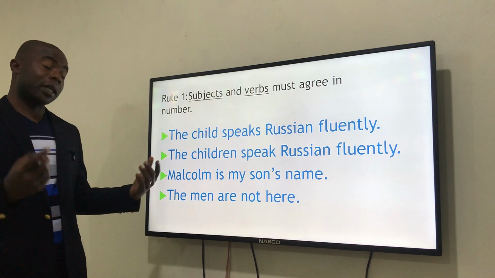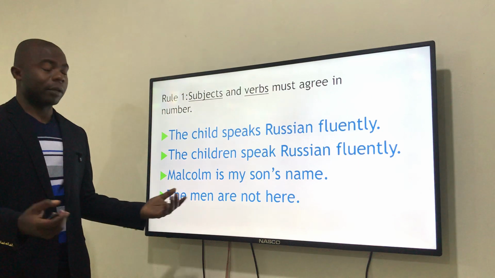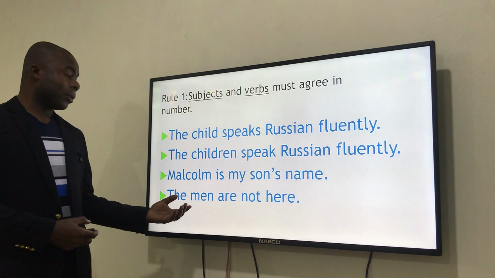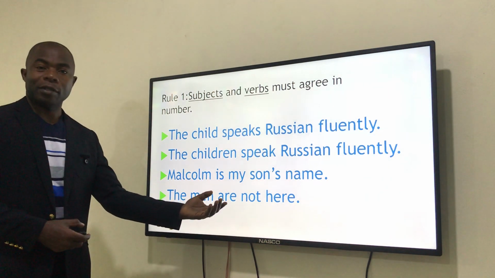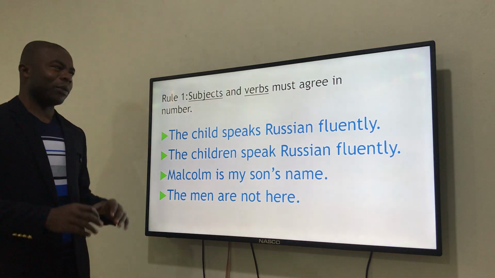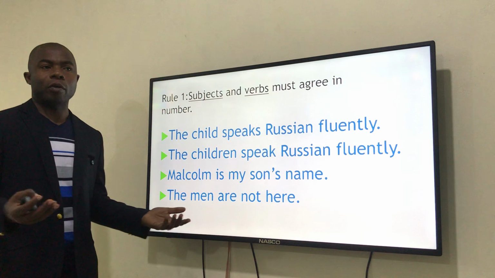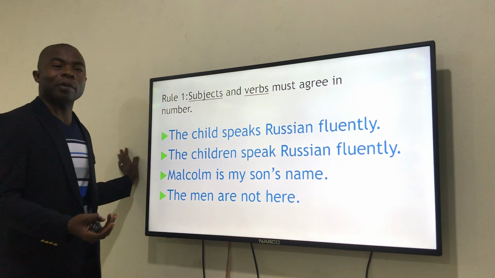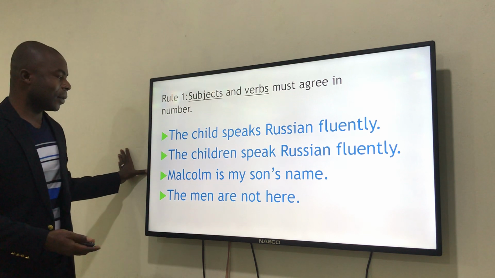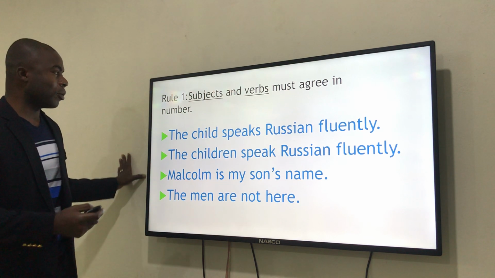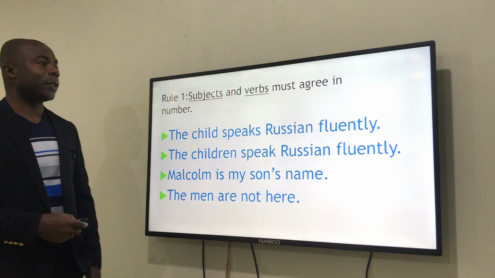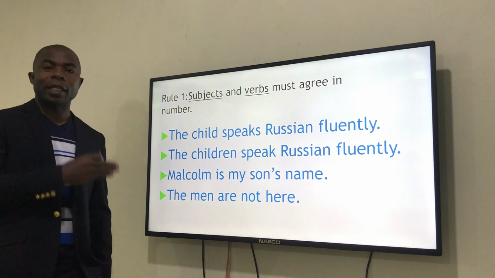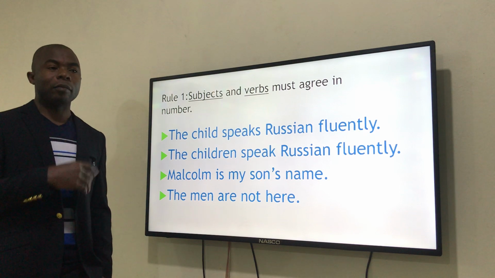Of course, Malcolm is singular. And then the men are not here. The men, plural. So the verb is are, not is. So it's basic, all of us know. And it comes readily to even children when they begin to pick the language. Of course. So the first rule: subjects and verbs must agree in number. And the number has to do with either singular or plural. Singular, one; plural, more than one.